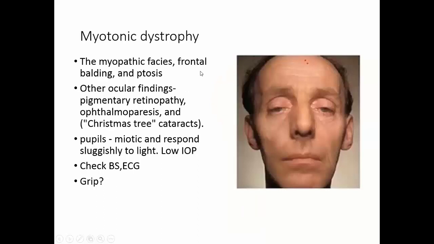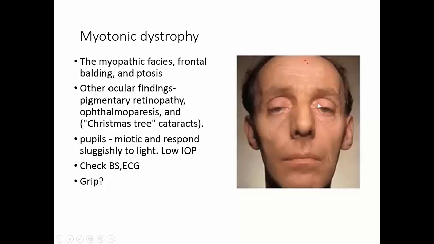Right. The other condition I talked to you about is myotonic dystrophy, where these patients have a typical face. They have a very uninterested facial appearance. You might get a little annoyed at these patients if you don't think about the facial muscle weakness they have, right?